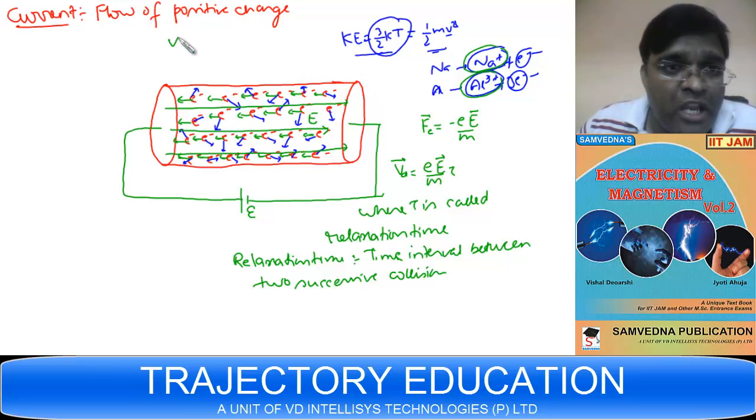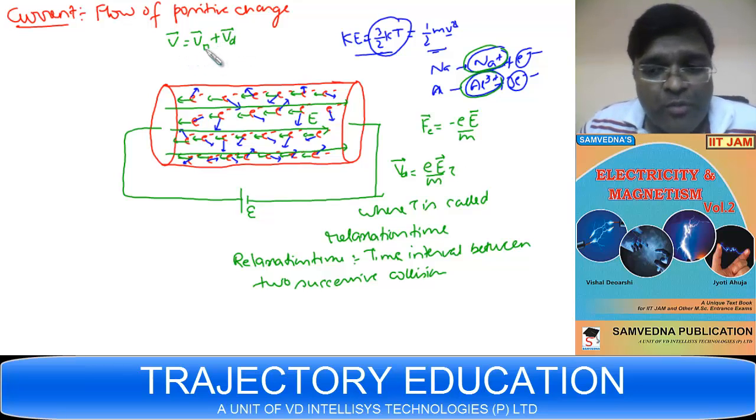Now the velocity of each electron is VR plus Vd. It is a superposition of random velocity and drift velocity.